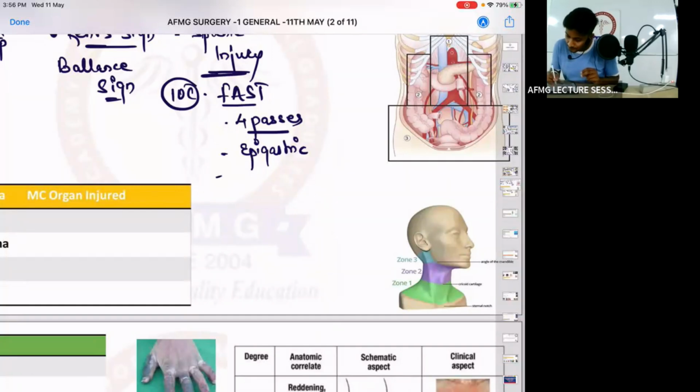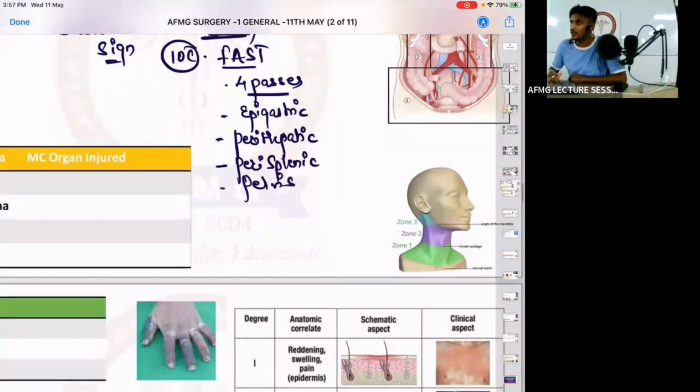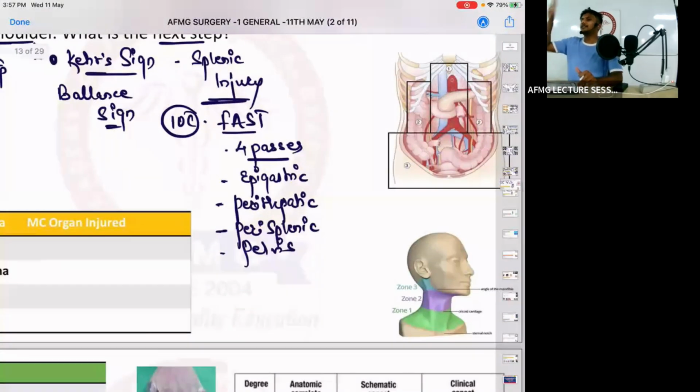Second is in the right hypochondrium. It is known as the perihepatic pass, to assess any liver injury. Third is the left hypochondrium. It is the perisplenic pass. And fourth one is the pelvic pass. No issues with this.